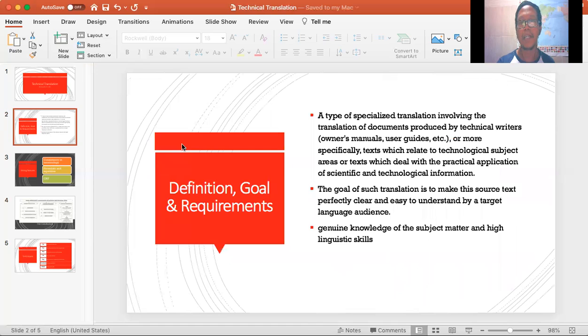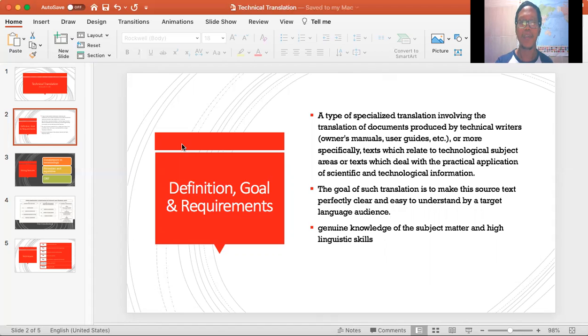So technical translation is a type of specialized translation that involves the translation of documents produced by technical writers. So technical translation is the translation of texts that are written by technical writers. I hope it is not a kind of circular argument that you will find confusing.